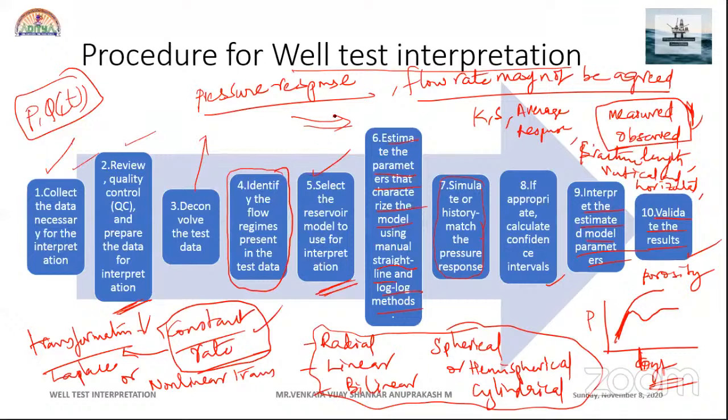After that, the quality control, then we convolve it, then select the regimes and the reservoir model, and from there we will get the parameters. Once you are done with that, then we'll go with the simulate or history match response. Once that is done, then we'll go with the confidence interval. I told about that. Next is interpreting the estimated model parameters. Model parameters are whatever things we can get from that particular model.